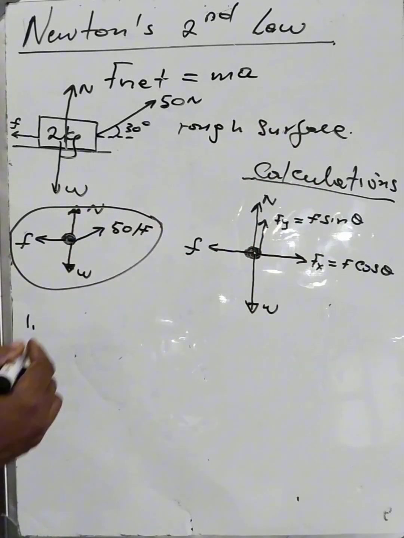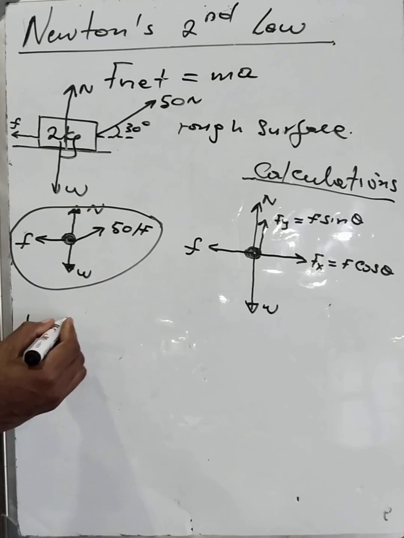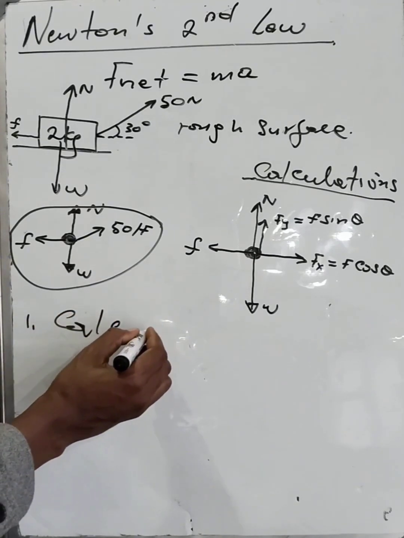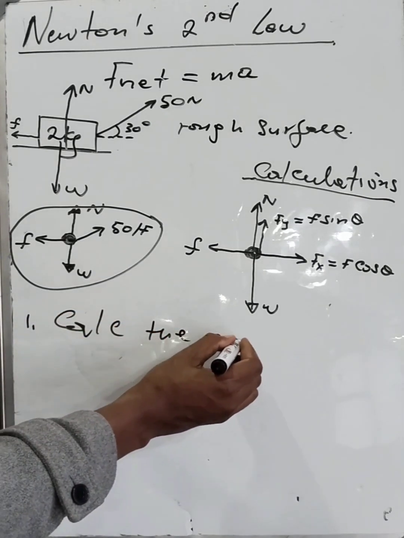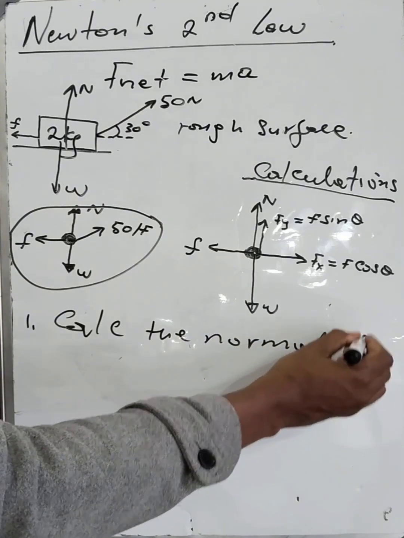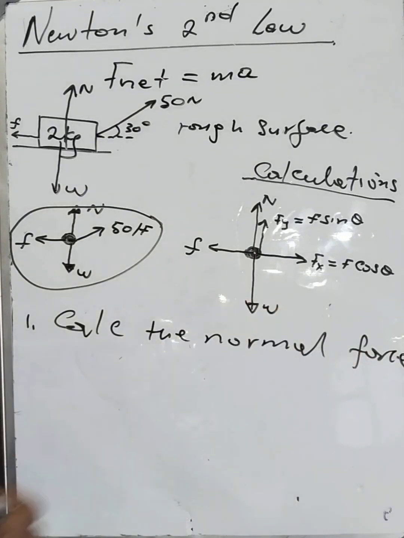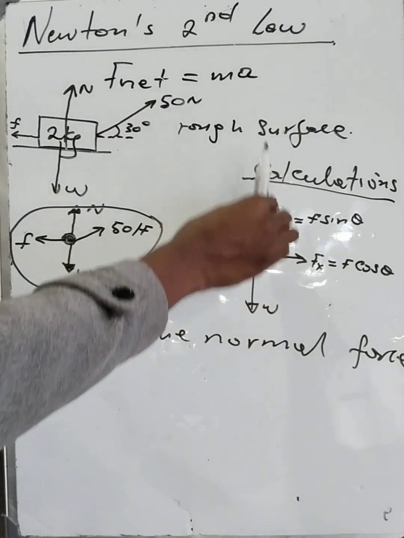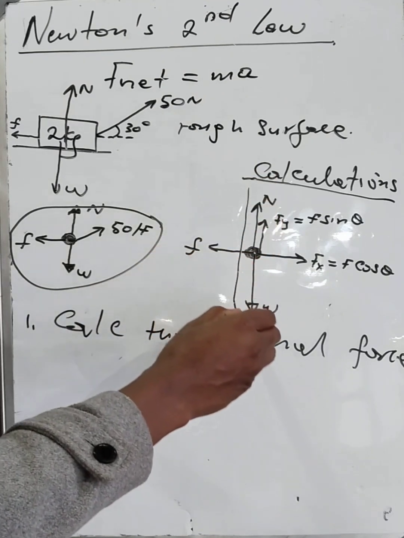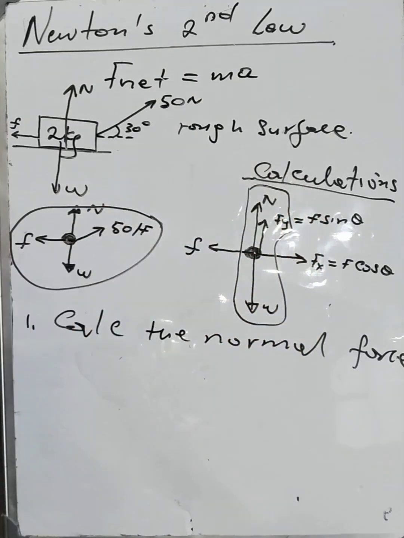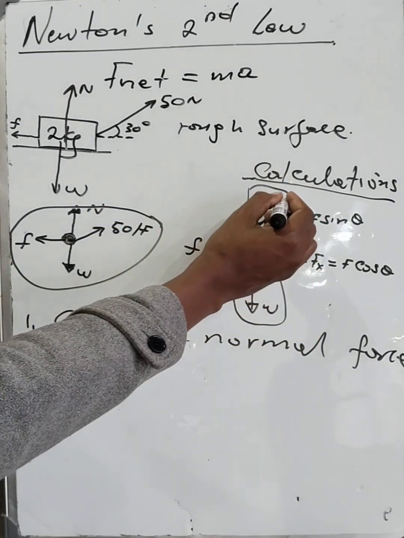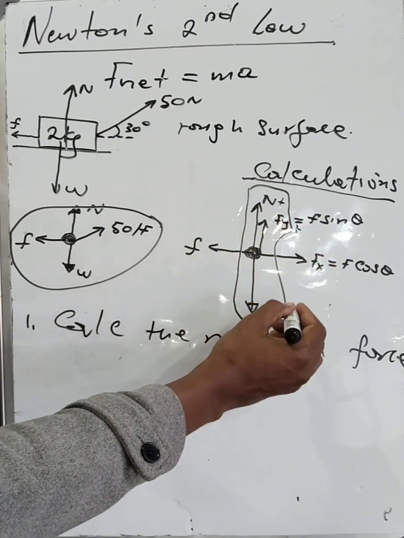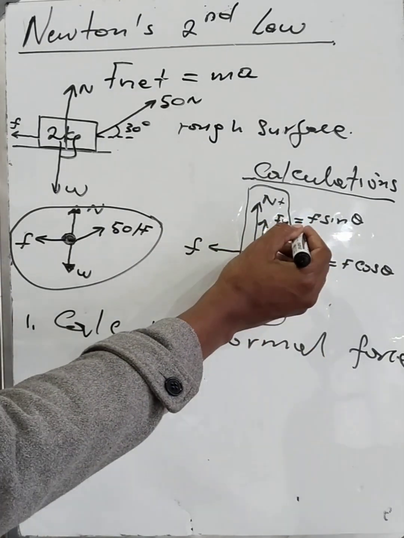Okay. The first question can say calculate the normal force. Now, the normal force is vertical. This one is positive, this one is positive, this one is negative because it is in the opposite direction.